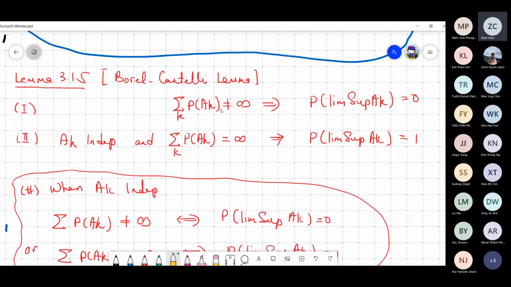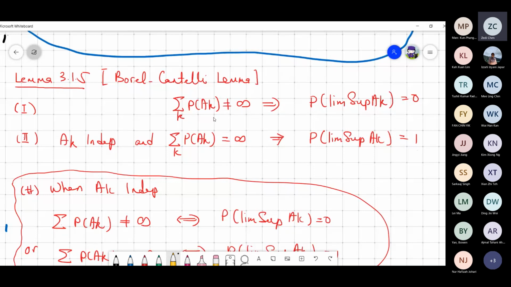Can you see the arrow for my mouse? Yeah, when you move your mouse, we can see. Okay, good. That means you guys can see which part I'm pointing at now, right? Yeah. That's very good.